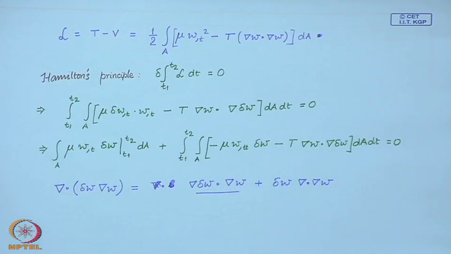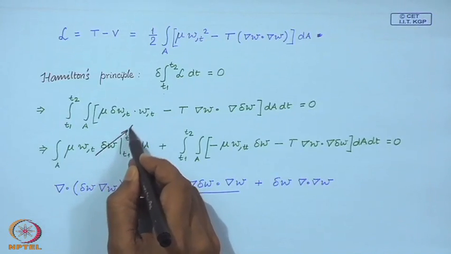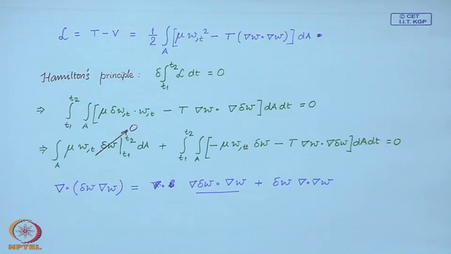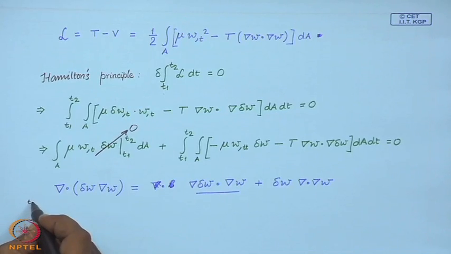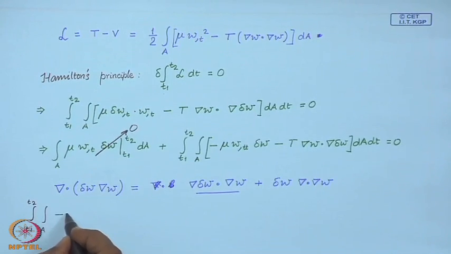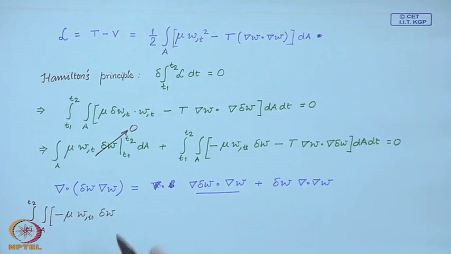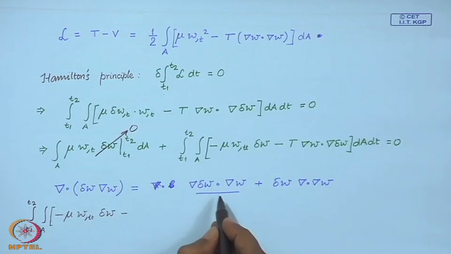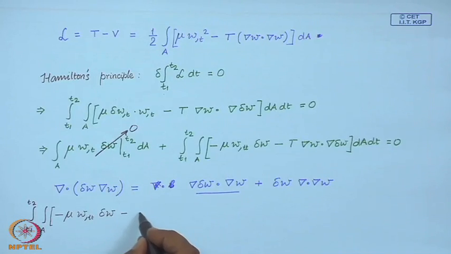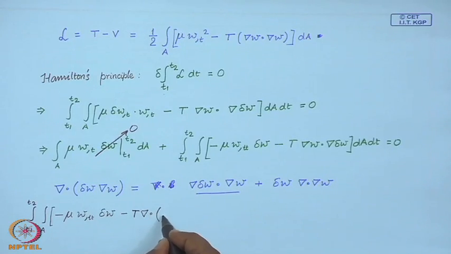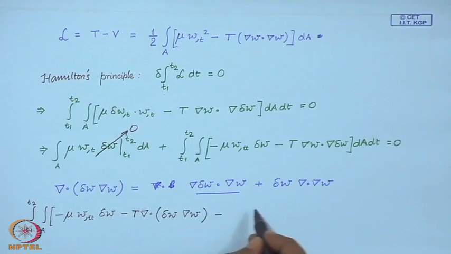this left hand side. Now, this term goes to 0 because at t 1 and t 2 there cannot be any variation. So, what I am then left with is, so this goes on this side.